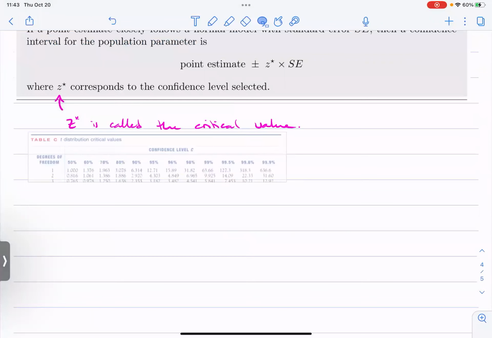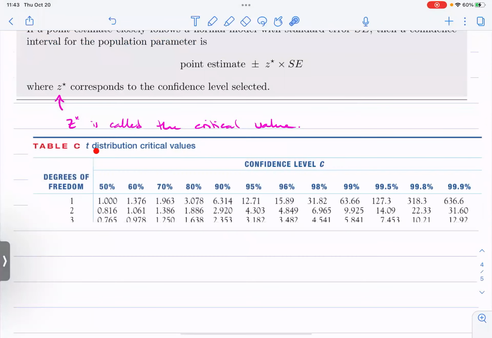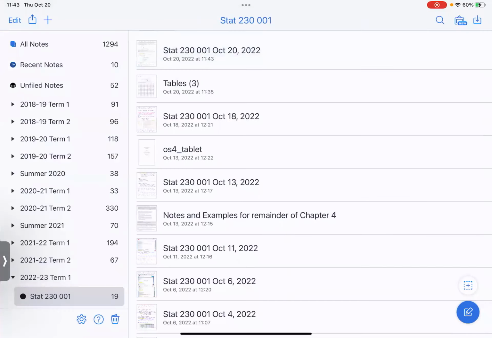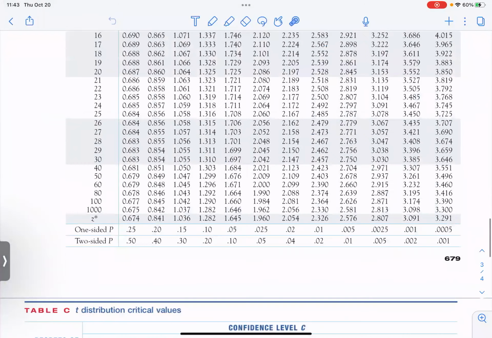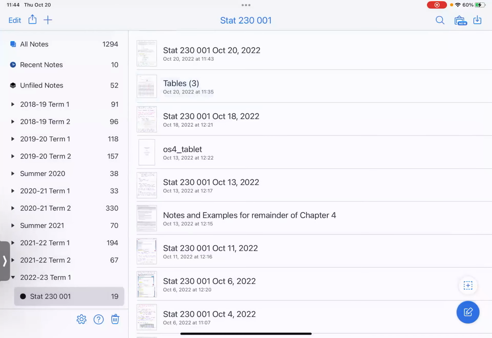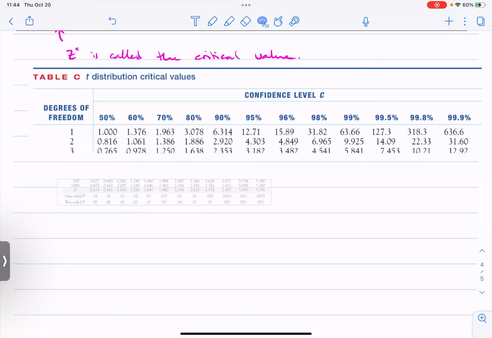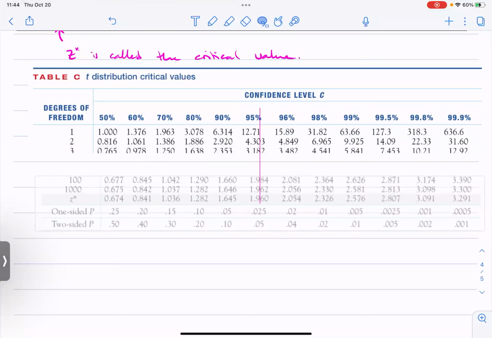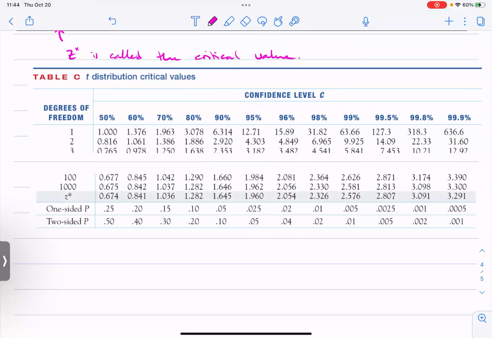Now we're going to ignore most of this table. It's called the T table for now. So a lot of this is ignorable. We're going to use it once we get into numerical data. But for now, let's just focus on these values here. And the only thing that we're interested in are, well, this looks promising, the confidence levels.